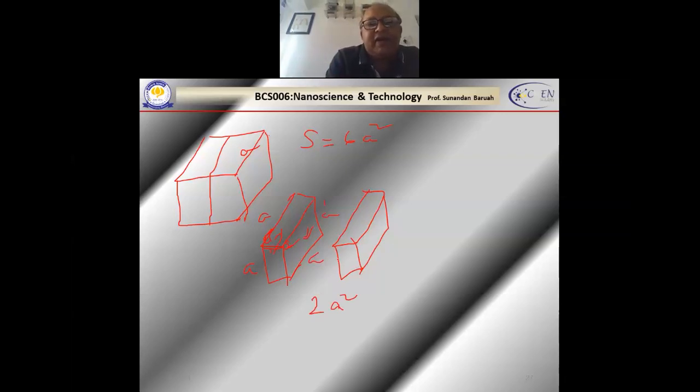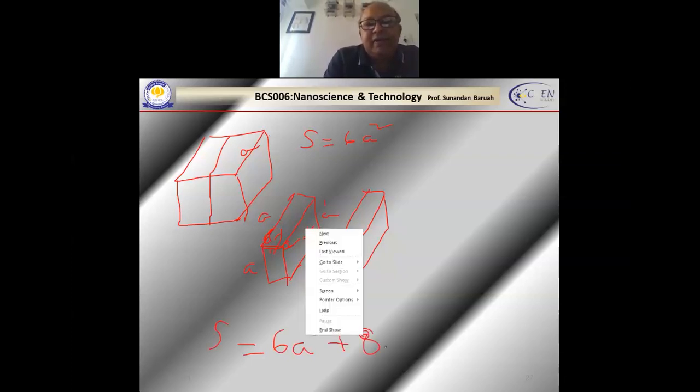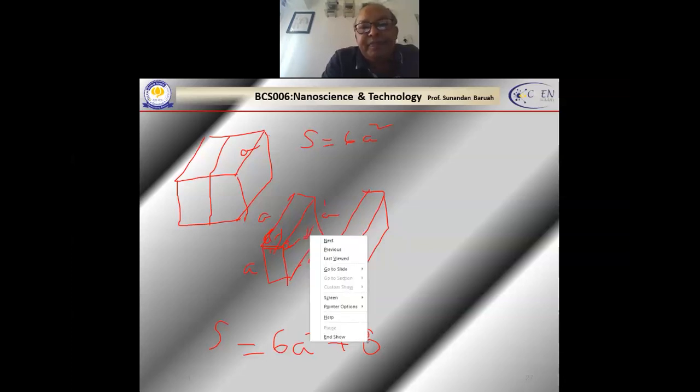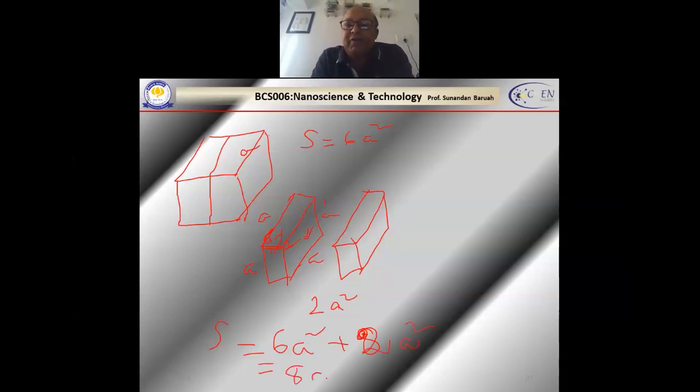Previously it was 6A square, now it will increase by 2A square. So you are getting 8A square.